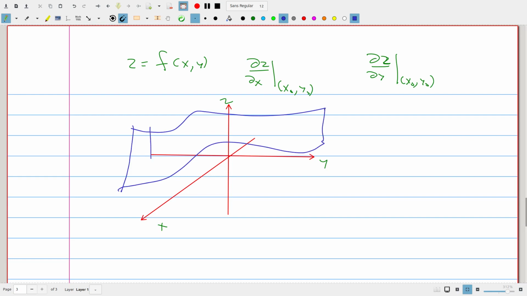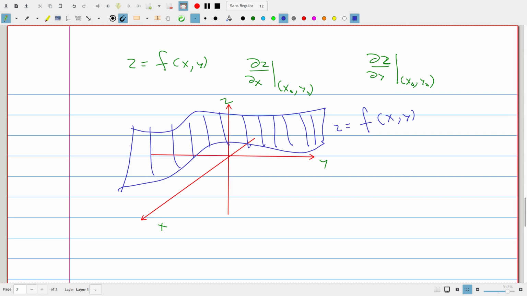So this surface is z equals f of x, y. Now we want to find out what dz over dx and dz over dy mean.